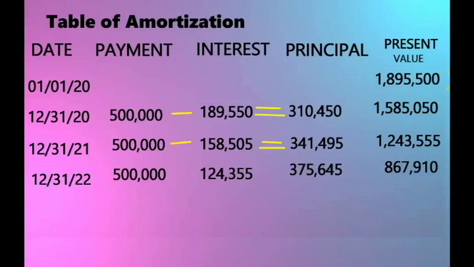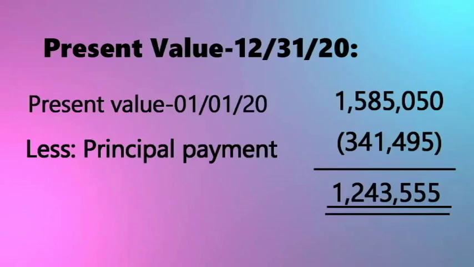341,495. Para makuha natin yung present value noong December 31, 2021, ililess natin yung PV doon sa principal na nakuha natin. So 1,585,050 minus 341,495, which is equal to 1,243,555.